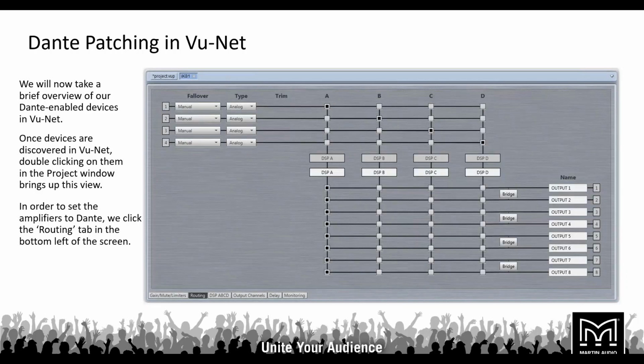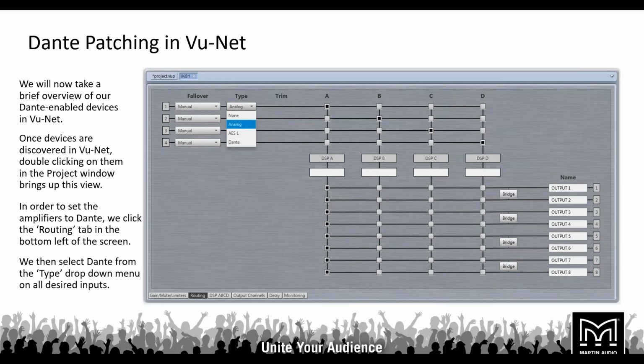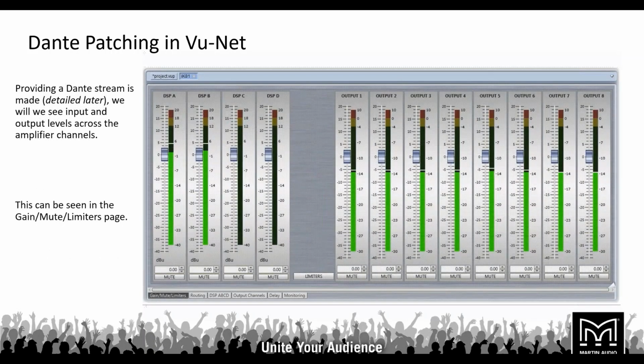So in order to set the amplifiers to Dante, we'll click the routing tab in the bottom left of the screen, change our type. So we have a choice between analog, AES, Dante, and none. And providing that we have a Dante stream available, we'll see input and output across the amplifier channels, which can be seen in the gains, mutes, limiters page.